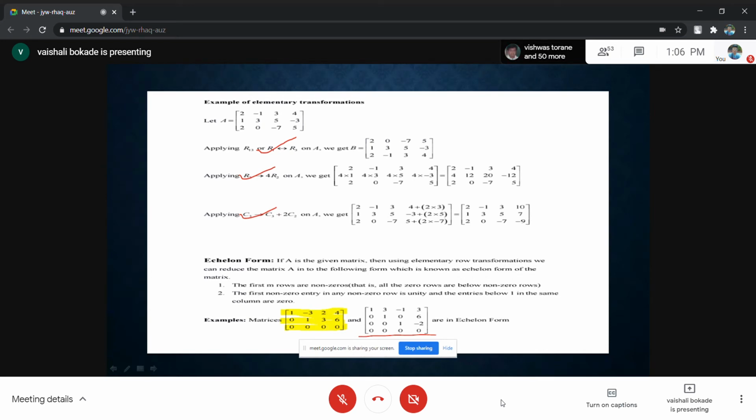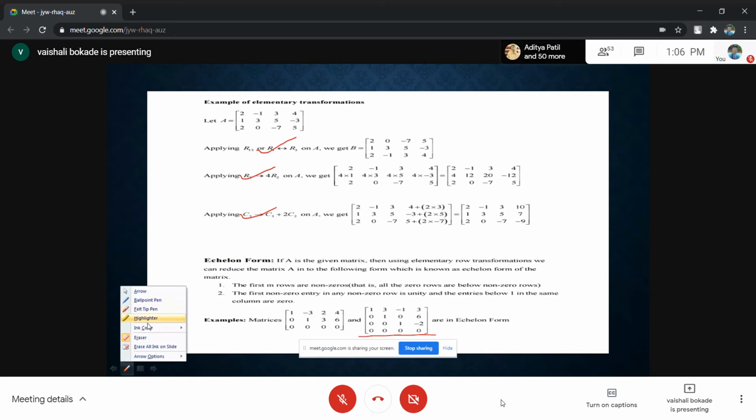So I can say the rank of this first colored matrix is 2. After having this matrix in echelon form, I can directly get the rank of my matrix.